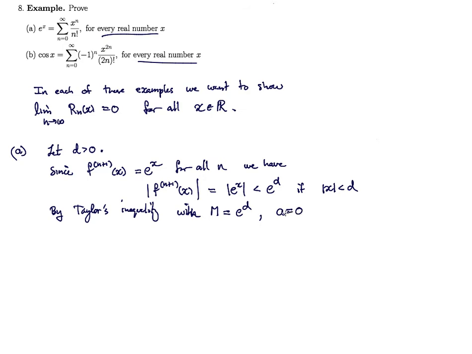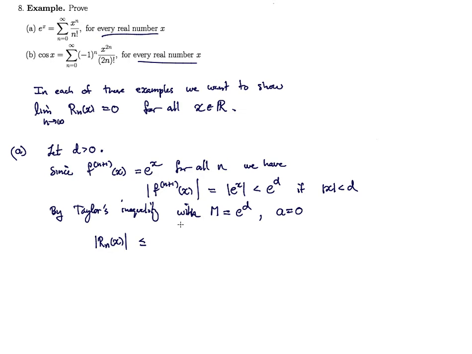A, in this case, our series is centered at 0. We're looking at the Maclaurin series. So we have that the remainder, the difference between the nth Taylor polynomial and the actual function, is given by this remainder.